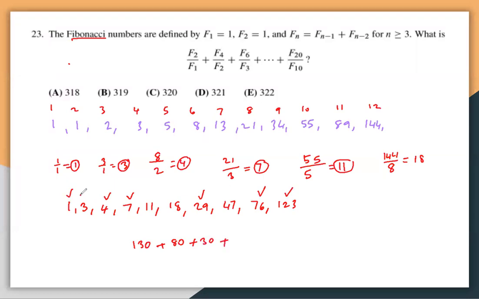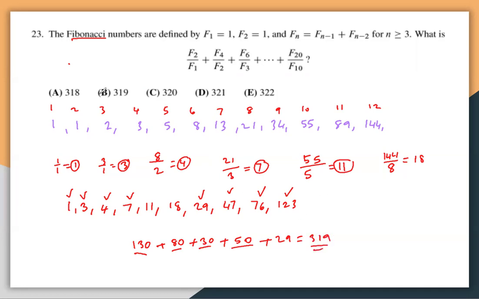Then we have 3 and 47, which is 50. And then we have 18 and 11, which is 29. Only one choice has a zero except this one, so it looks like choice B. Let's check that. If you add these, you get 210, 240, 290, plus 29, which is 319.